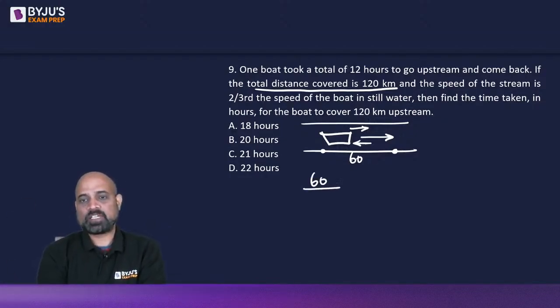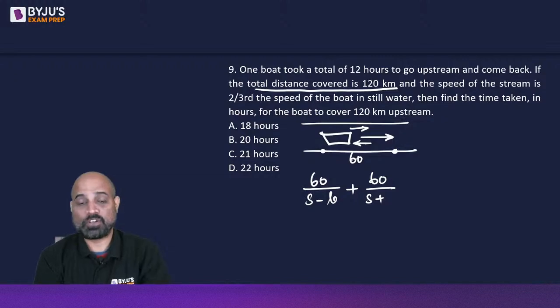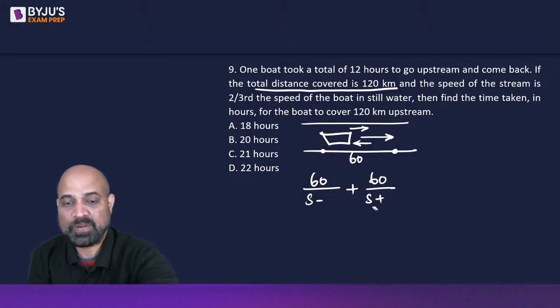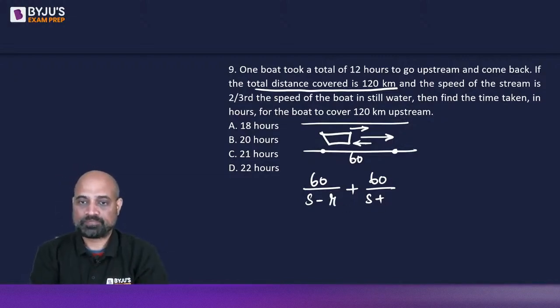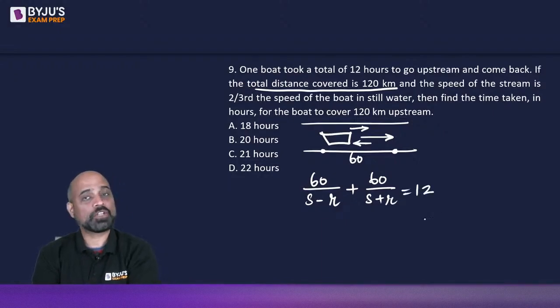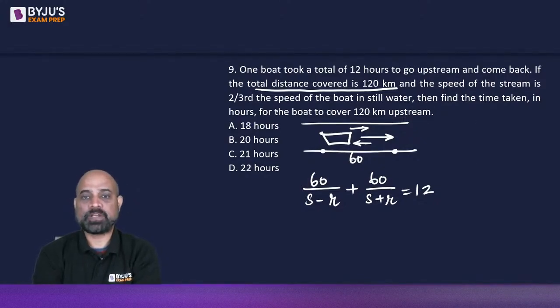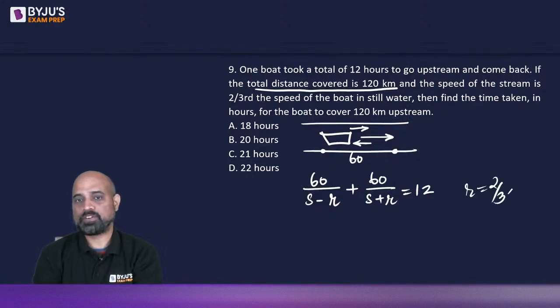So 60 kilometers upstream is going to be speed of boat minus river, and 60 kilometers downstream is going to be speed of boat plus river. And this is given as a total of 12 hours. It is also given that the speed of the stream, that is R, is 2/3 the speed of the boat.